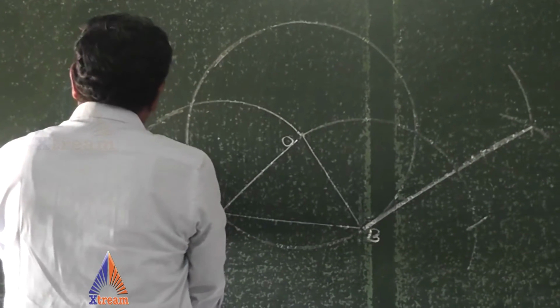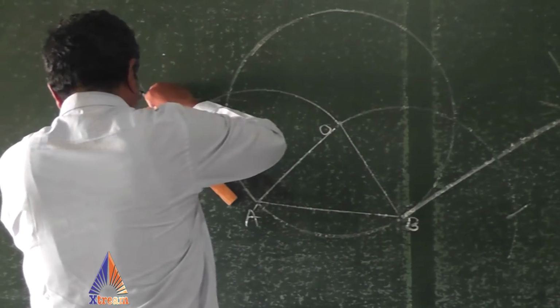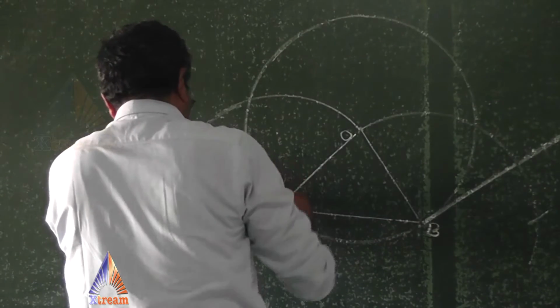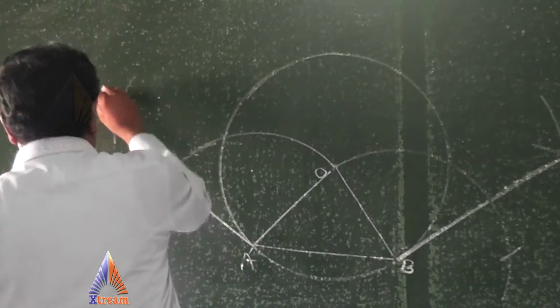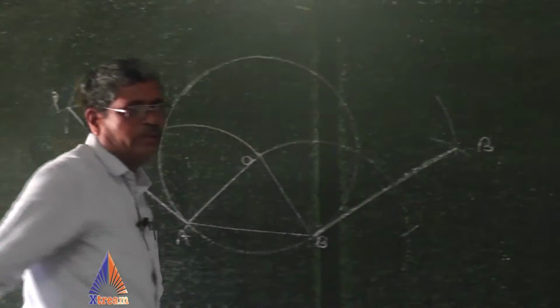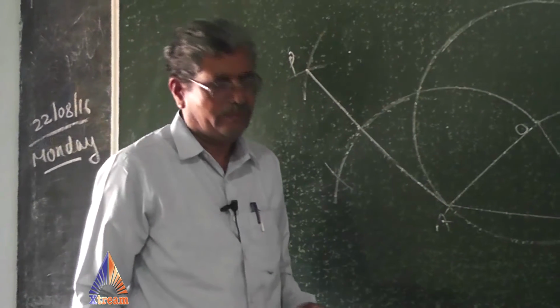Now the name is given like that. A, B. So this is the one problem in your textbook.